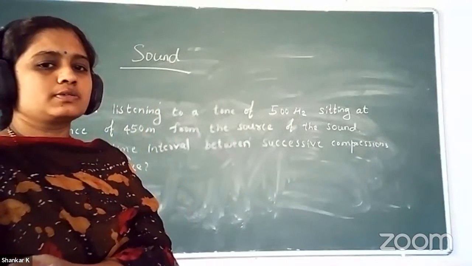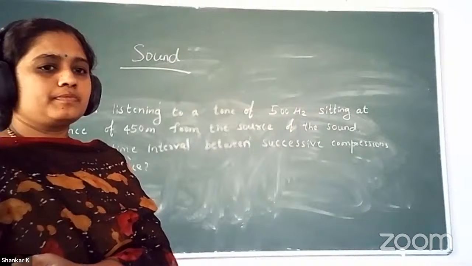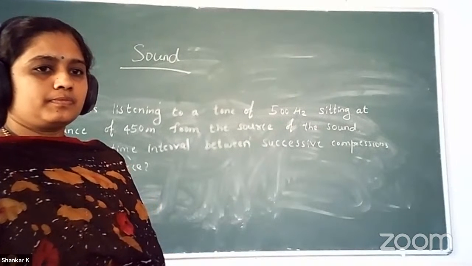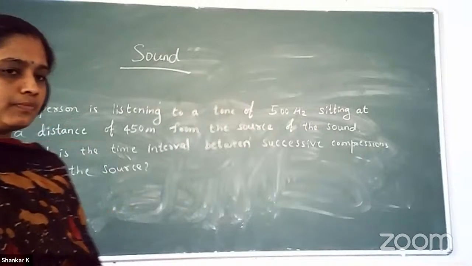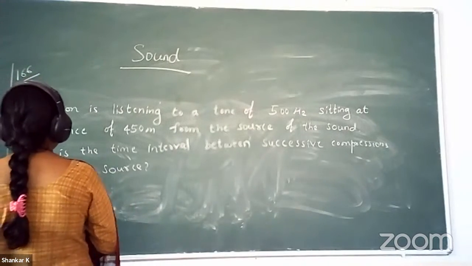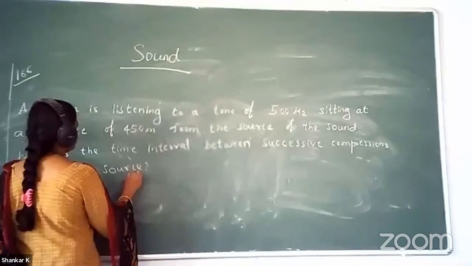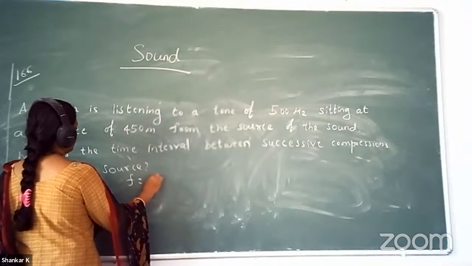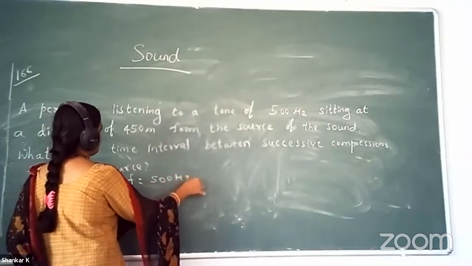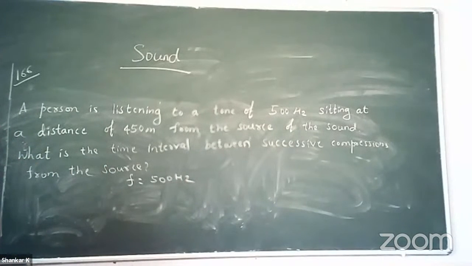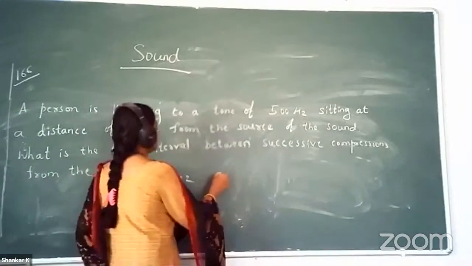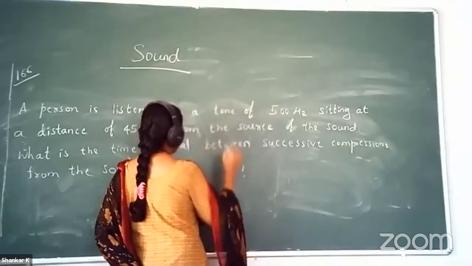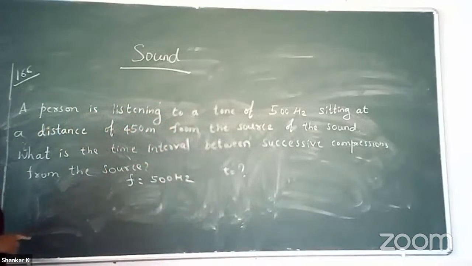Have you solved this? So frequency, 500 hertz, is given, and distance d is 450 meters. We have to find T, the time period.